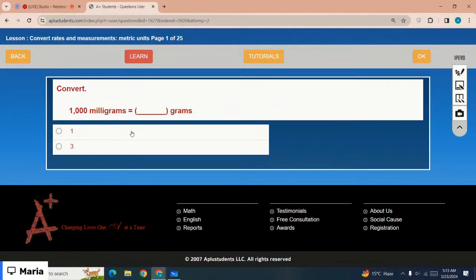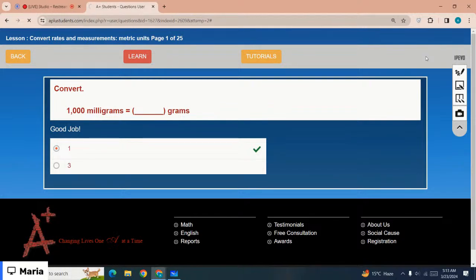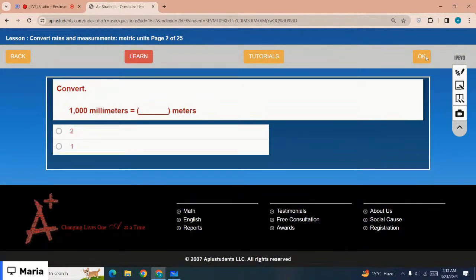Okay, the next one is 1000 millimeters equal how many meters? 1000 millimeters equal 1 meter. The correct option is 1 meter.